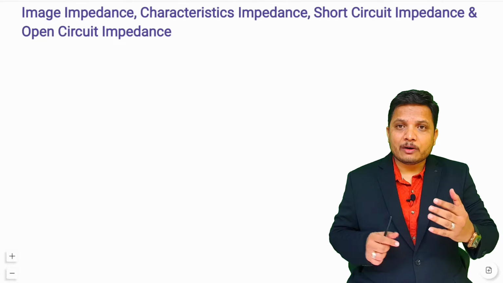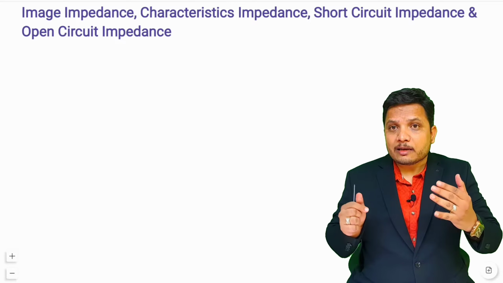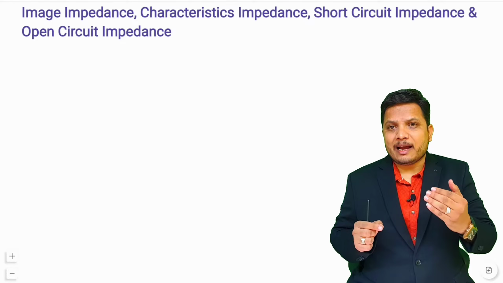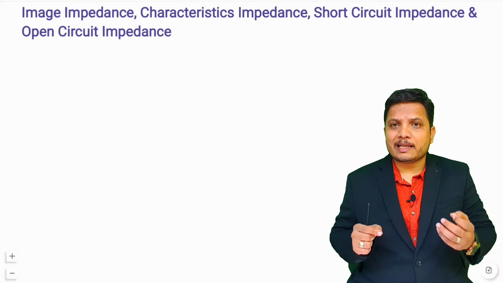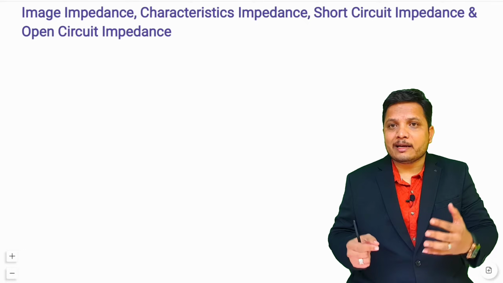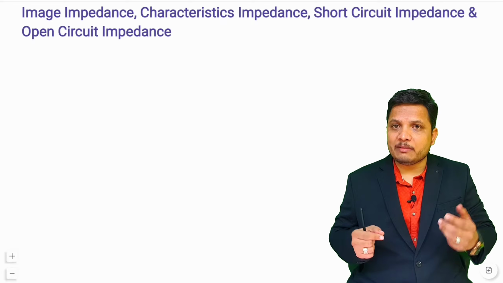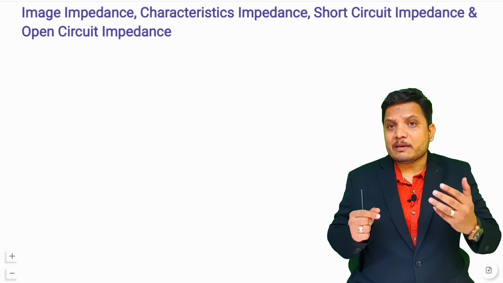I'll explain how we can calculate image impedance, characteristic impedance, open circuit impedance and short circuit impedance. You may already know some of it, but it is required to understand characteristic impedance as well as image impedance. So let us start with what is image impedance.